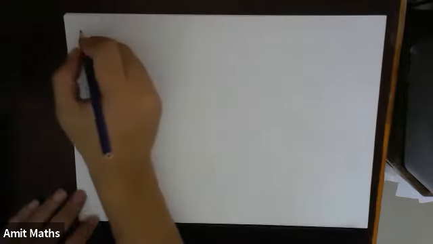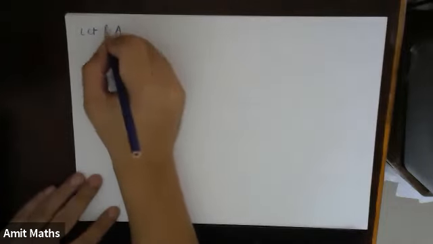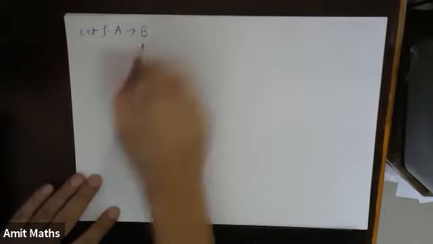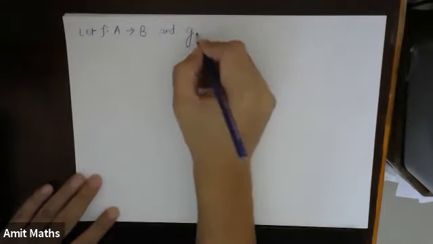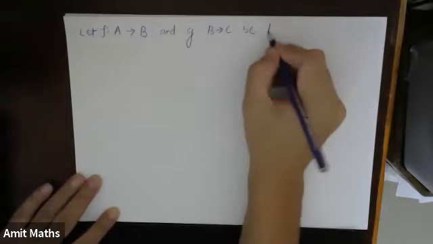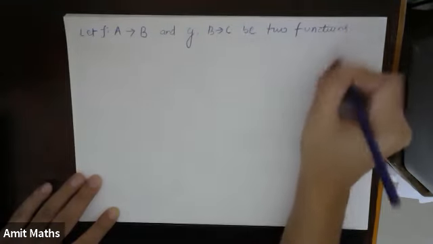I'll write the mathematical definition. The same thing is given in your books also. Just for writing's sake: let f be a function from A to B, and g be a function from B to C. Both are functions.